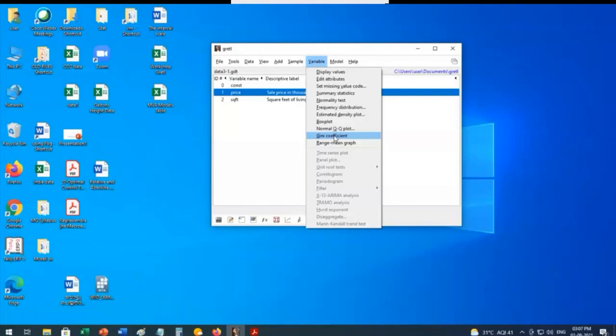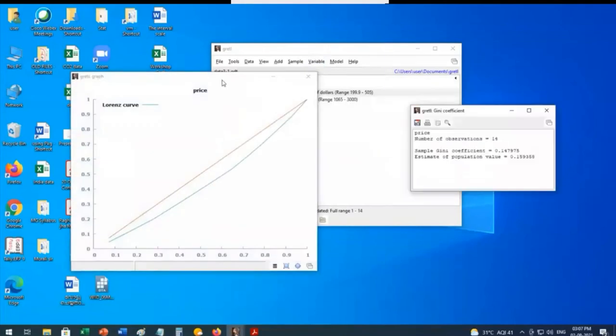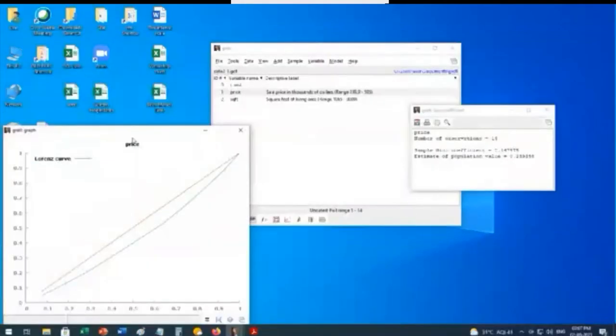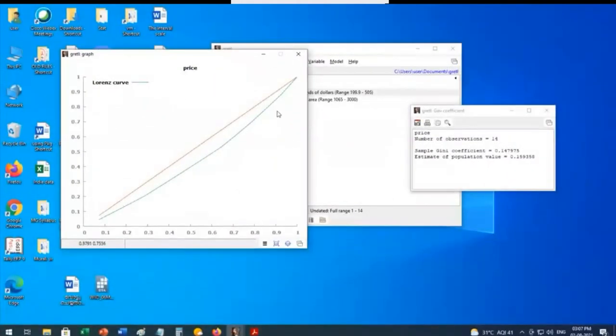We have already highlighted price here, and that is why the Gini coefficient and the Lorenz curve of the price are here. This is the Lorenz curve, and the area between these two curves is given in terms of the inequality ratio or the Gini coefficient.